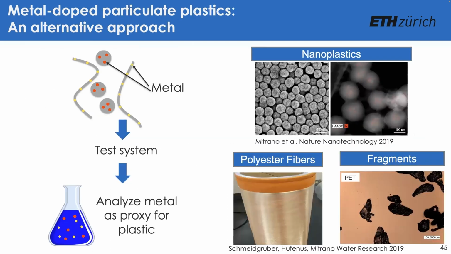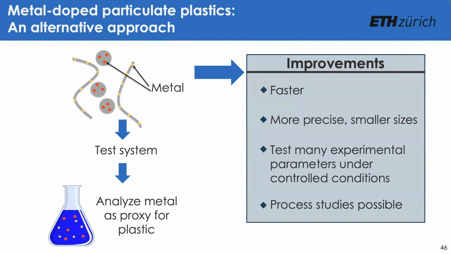For example, we have taken this alternative approach of synthesizing our own metal-doped plastics, either nanoplastics, fibers, or fragments. We can then put these materials into a given test system and analyze the metal as a proxy for the plastic. Using this approach, we have several improvements. It's much faster, it's much more precise, and we can measure smaller particle sizes, including nanoplastics, which otherwise is largely not very possible.